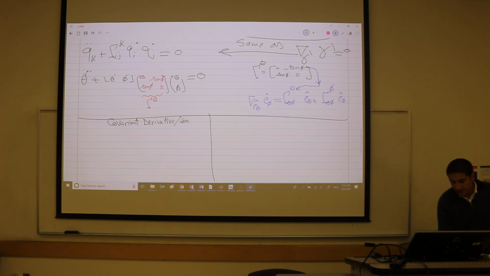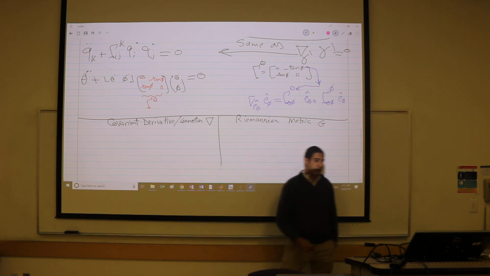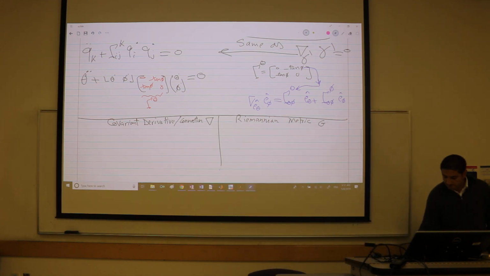Sometimes you call it a connection, like I said, an affine connection, maybe even better educated. This is nabla. You have a Riemannian metric G. This is a way to measure distance. This is a way to differentiate on the manifold. Nothing more, right?